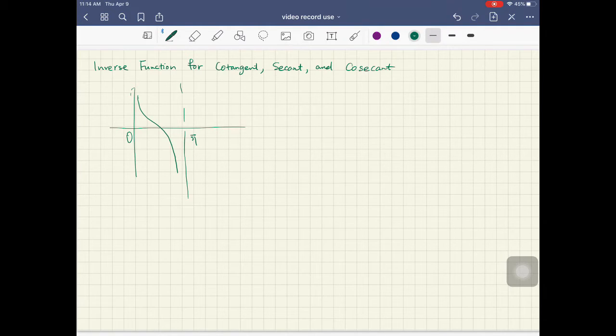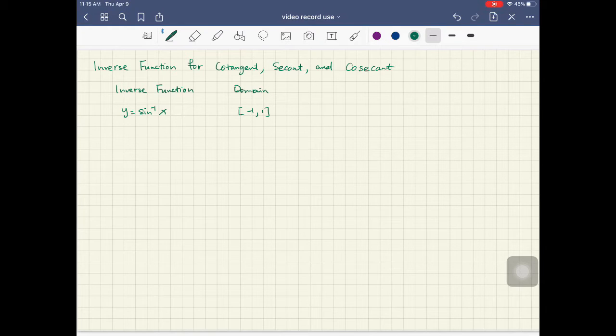So here I'm just going to quickly summarize all six trig inverse functions. If I'm talking about sine inverse, the domain is going to be from -1 to 1.